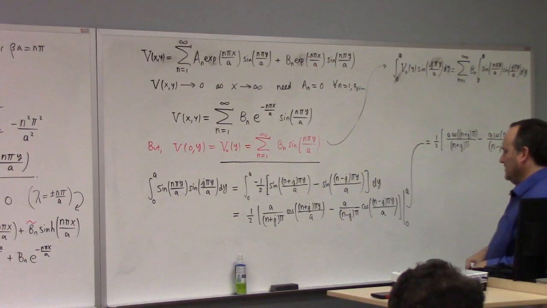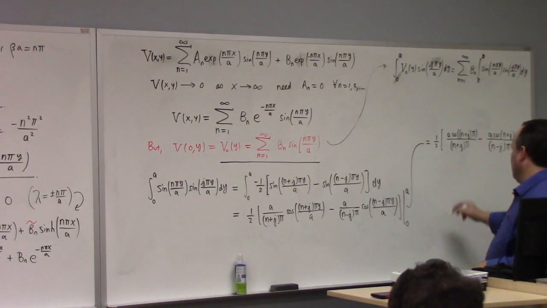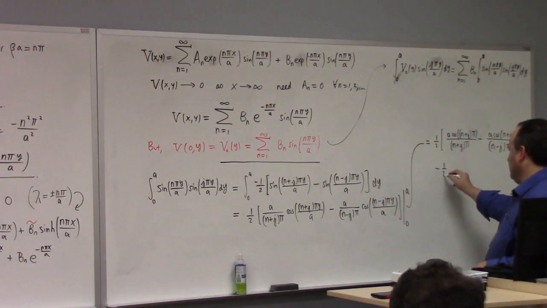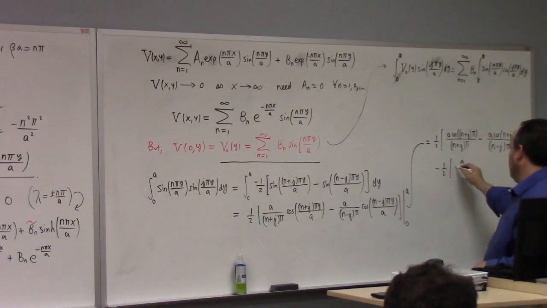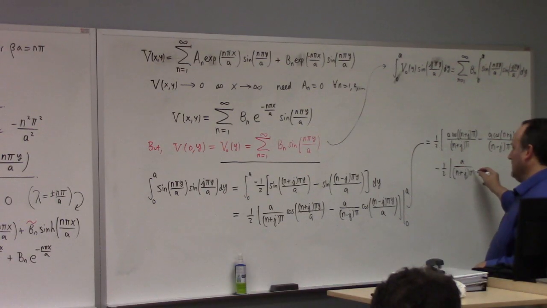That's from the upper bound. And from the lower bound, I get minus 1/2 a over n plus j pi.